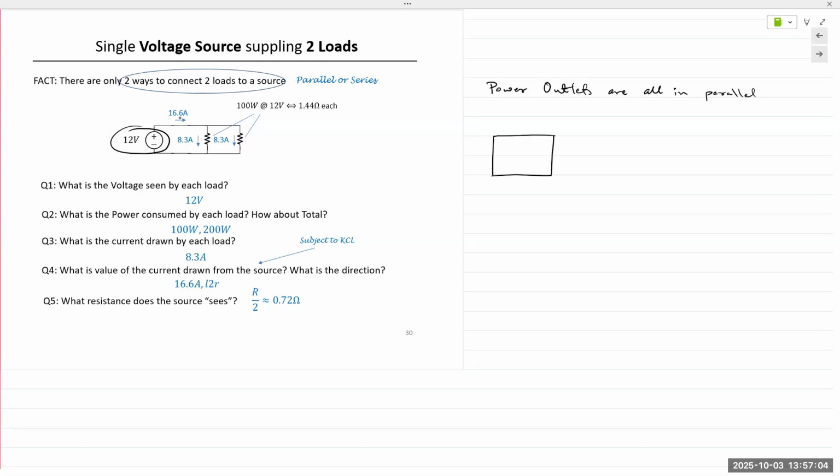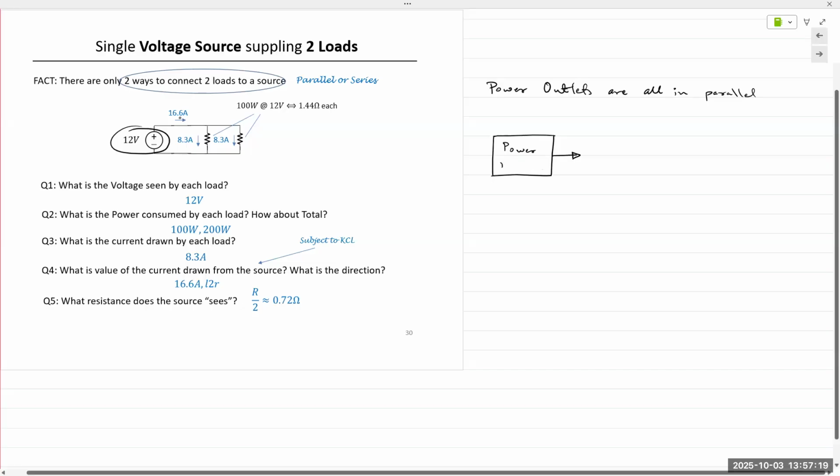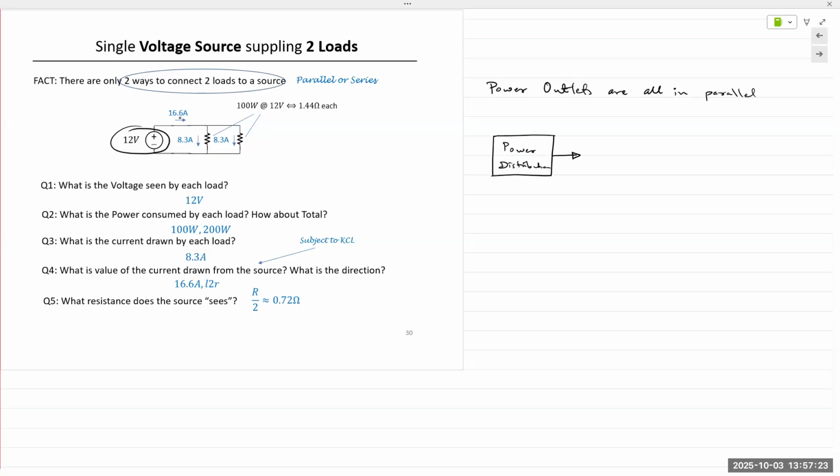we have this main wire. And this is not like the central power station. I'm just saying this power station or a power distribution circuit outside a building. So power distribution box, it's sending it inside a building. And so now it's being divided. Actually, I shouldn't have drawn it this way.